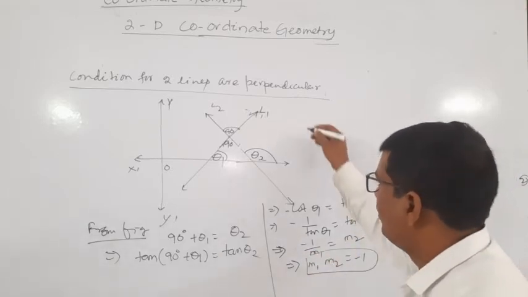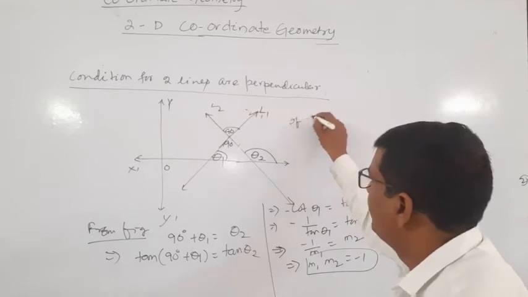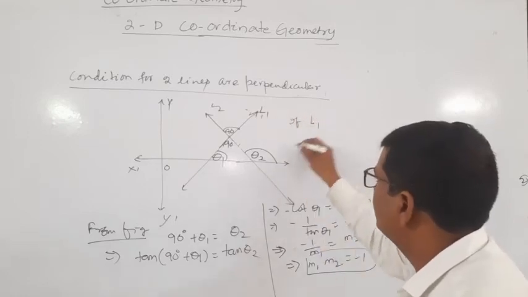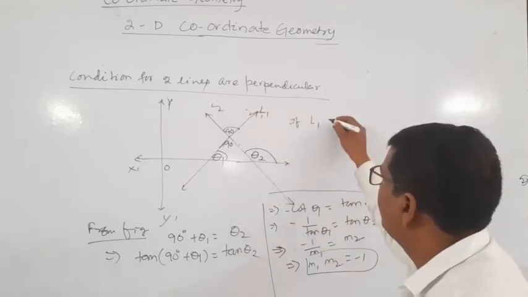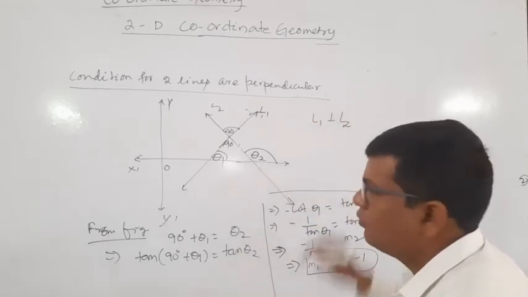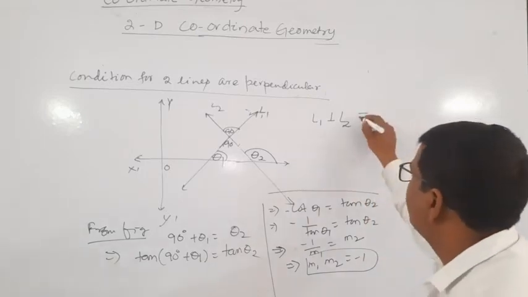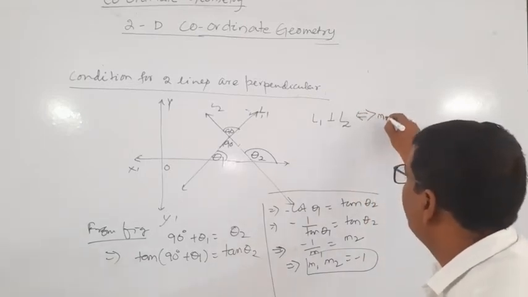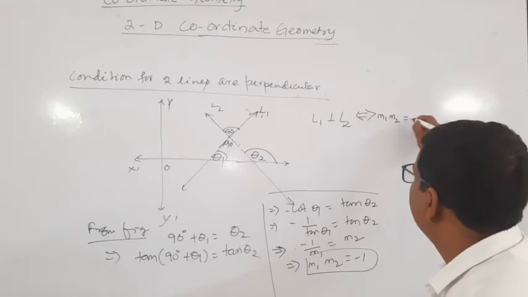So the condition is, we can write L1 perpendicular to L2 if and only if m1 into m2 is equal to minus 1.